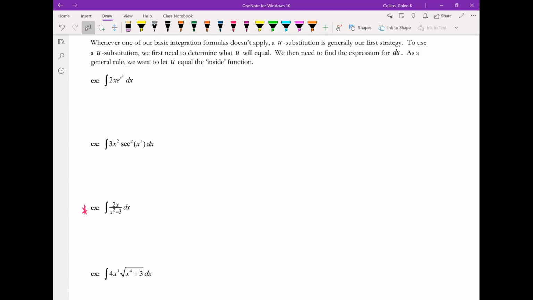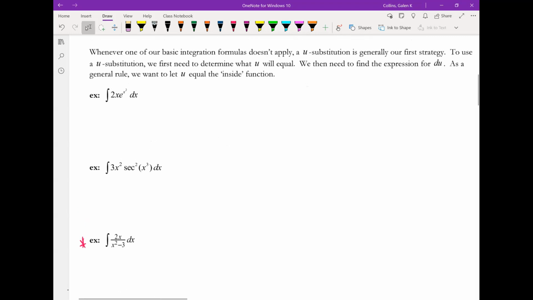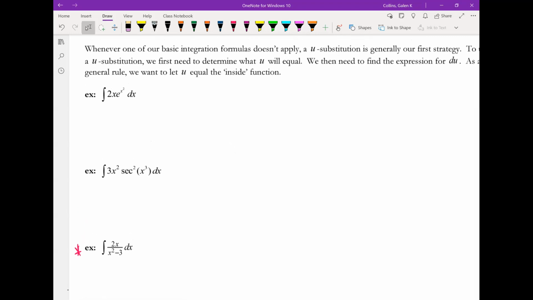The first thing is we need to figure out what U will be equal to. Because these are functions that could result from the chain rule, we want to set U equal to the inside or innermost function. So when I look at the expression 2x times e to the x squared, e to the x squared is a composite function.